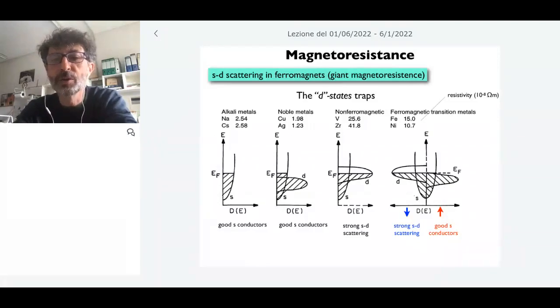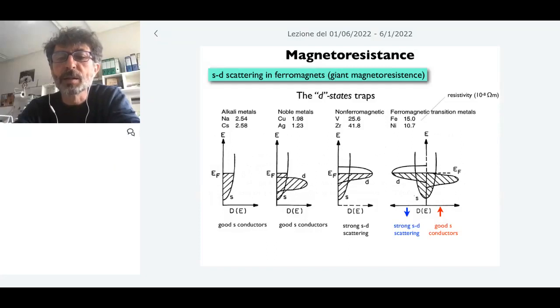If we just use the Lorentz force, for example, for a ferromagnet, we get the opposite effect of what we expect for the anisotropic magnetoresistance. So we have to go a little bit more in detail on the conductivity of metals. Why? Well, because we know that not all metals are good conductors.